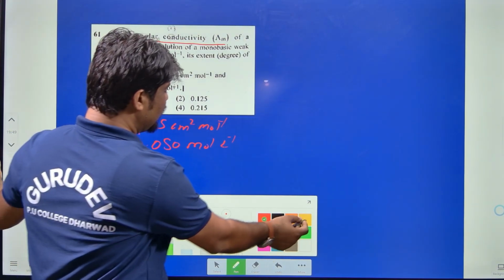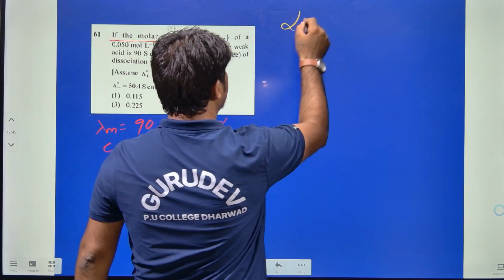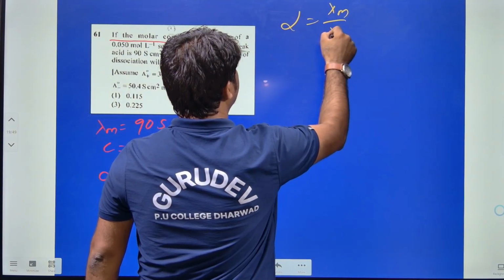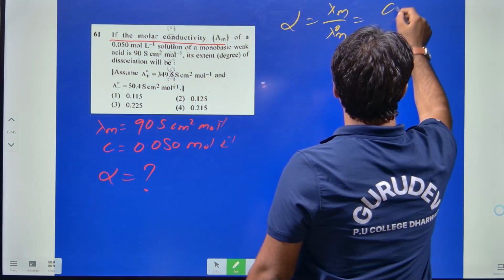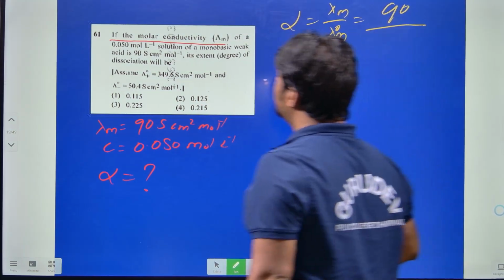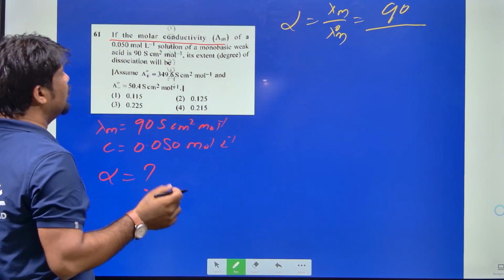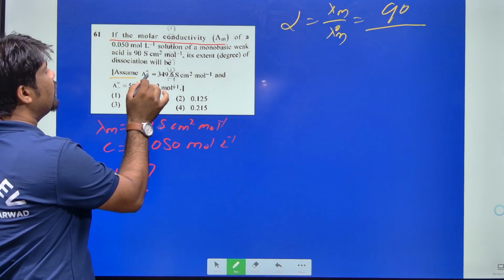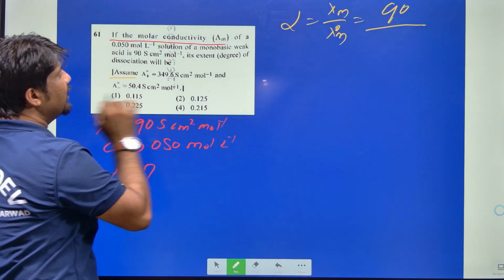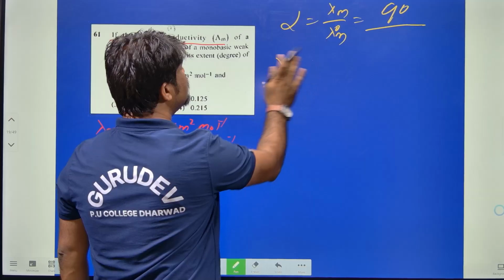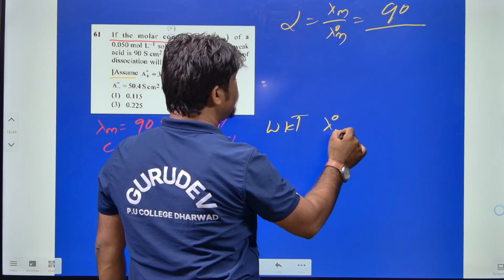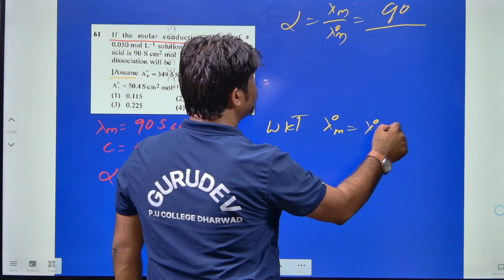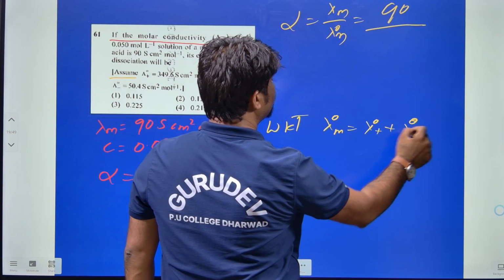To solve this, I can use a simple formula: alpha is equal to lambda m divided by lambda naught m. Lambda m is already given, that is 90, divided by lambda naught m. Lambda naught m is not given, but the lambda naught plus value and lambda naught minus value are given. We know that lambda naught m is equal to lambda naught of plus plus lambda naught of minus.